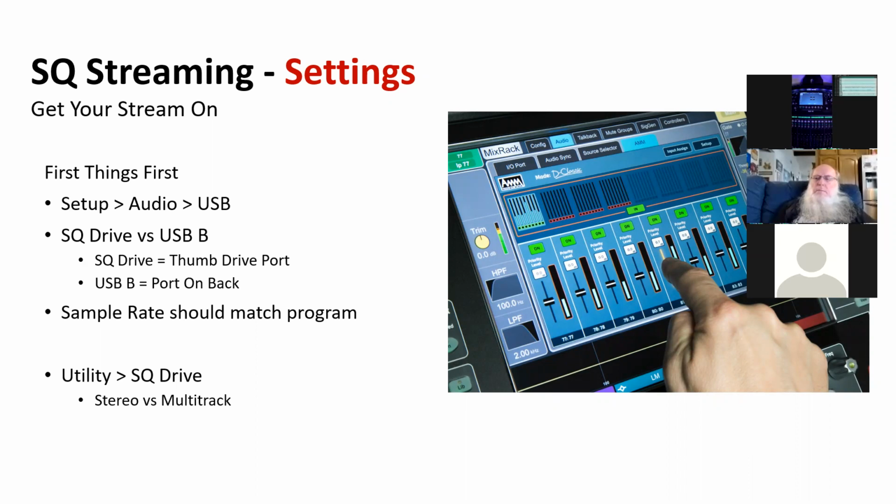And the other really, really key point here is making sure that we're choosing our sample rate. So this was an excellent, amazing addition on one of the latest firmware updates, that we are now able to change how we want our USB sample rate to function. So if you don't want to take up as much space on your thumb drive or on your hard disk, you can change it to 48. The files will be 1/2 the size.